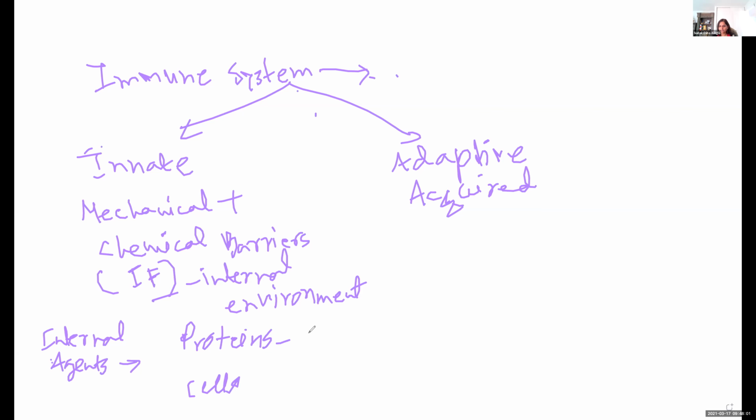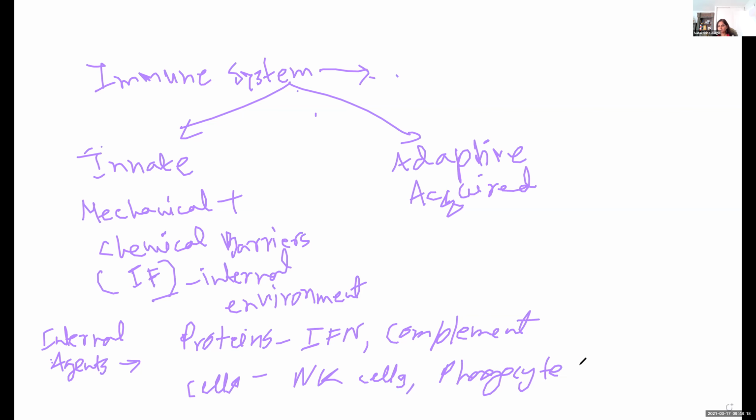These proteins are interferon and complement protein. The cells are NK cells and phagocytes. Interferon, complement proteins, NK cells, and phagocytes.